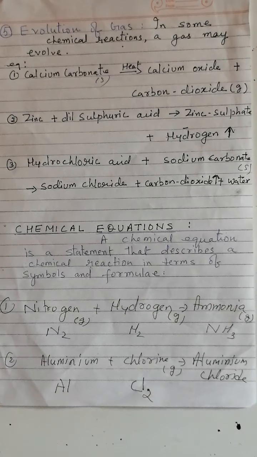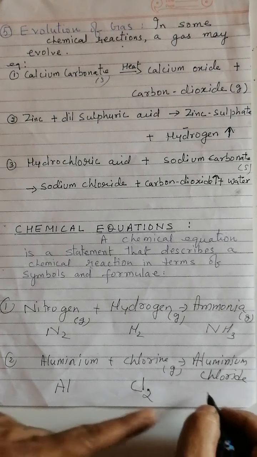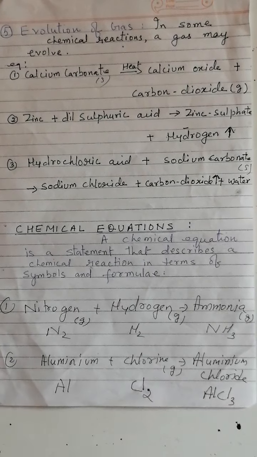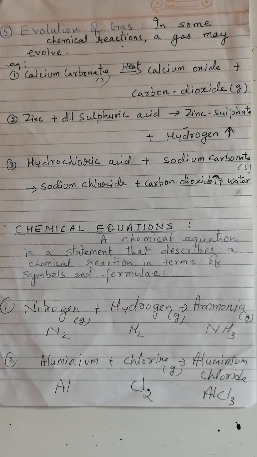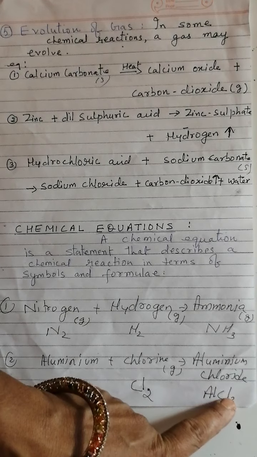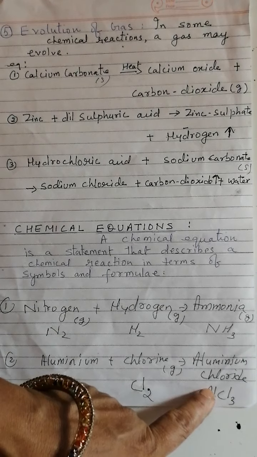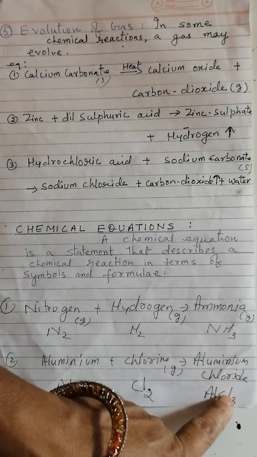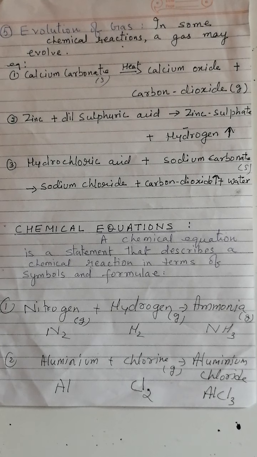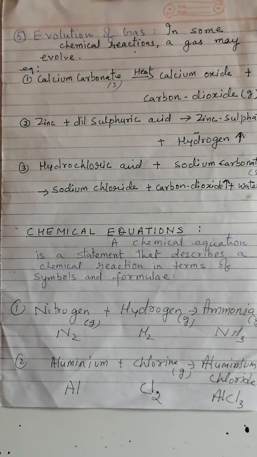The aluminium chloride thus formed becomes AlCl3. Here, for writing the molecular formula, we use the valencies of aluminium and chlorine. Aluminium valency is 3, chlorine valency is 1, and hence the formula is AlCl3.